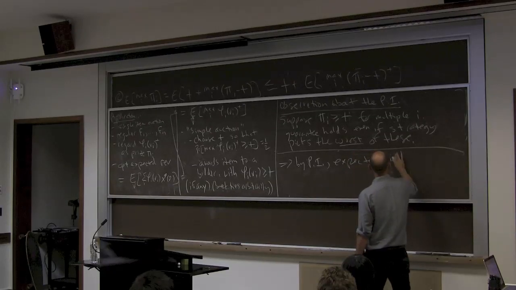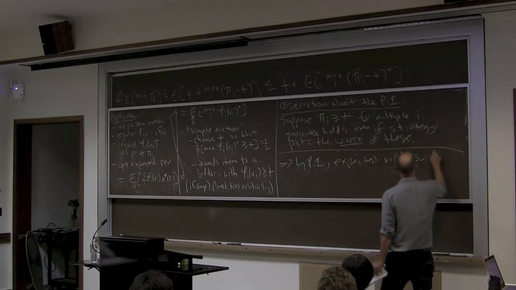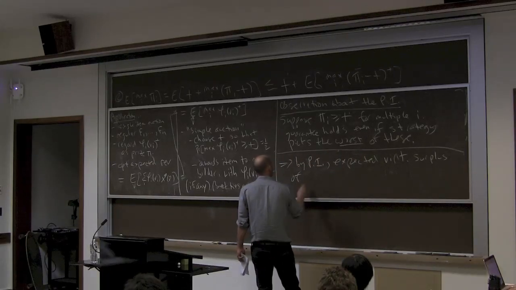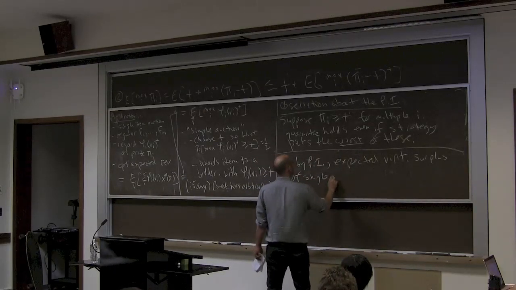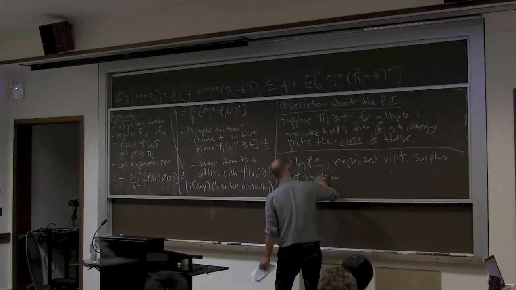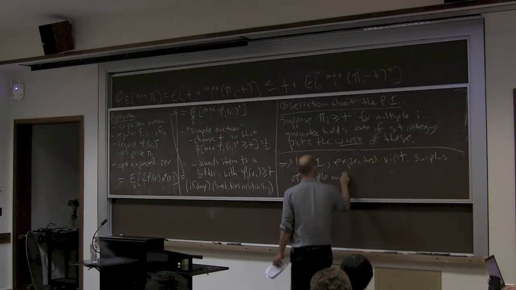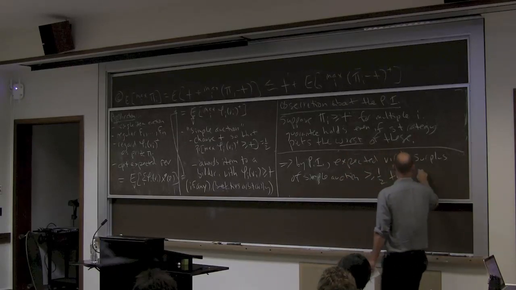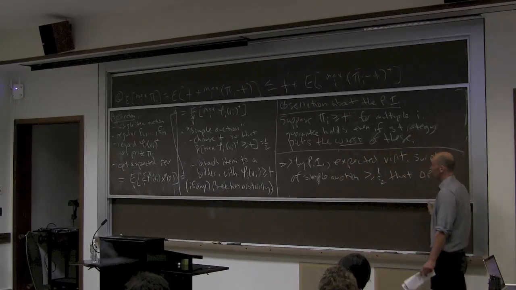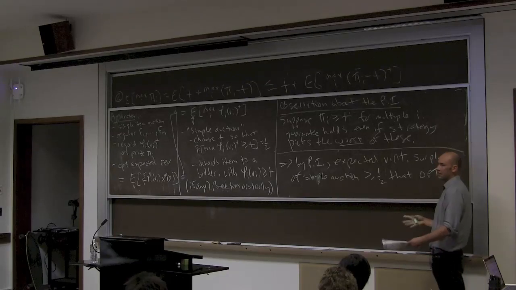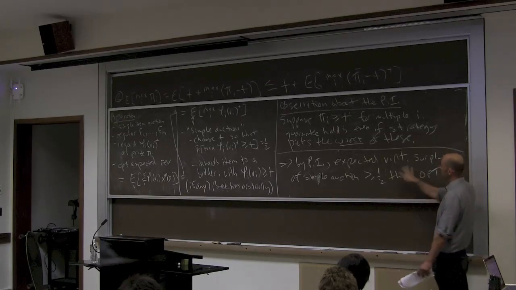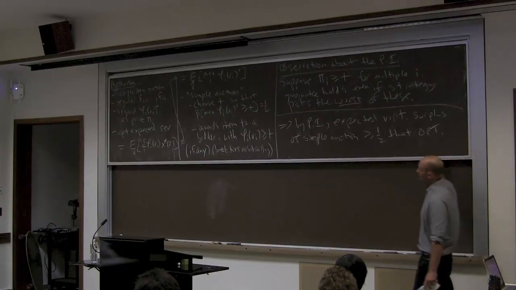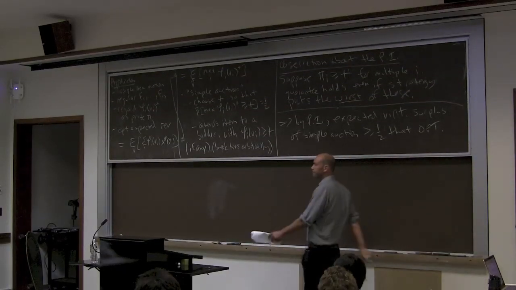So the expected virtual surplus of the simple auction is at least 1/2 that of opt. And using for the umpteenth time that virtual surplus in expectation is the same as payment in expectation, this gives us a factor 2 guarantee on the revenue of any auction in this class.